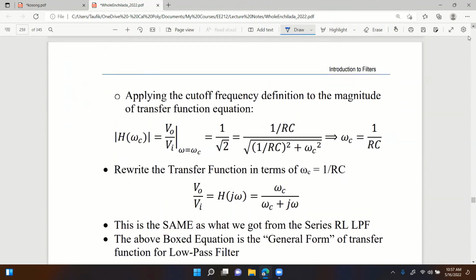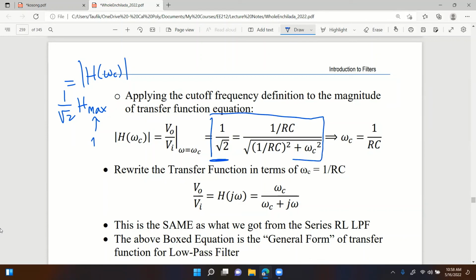Well, cutoff frequencies, applying the definition of cutoff frequency, which is 1 over square root of 2 times H max of the gain. That's equal to the gain at omega c. So that's what I did right here. Our H max is equal to 1 for passive filters, so I set it equal to the gain of the transfer function.